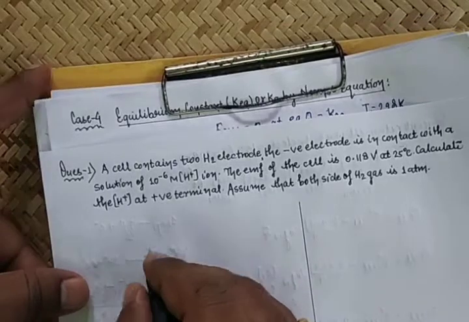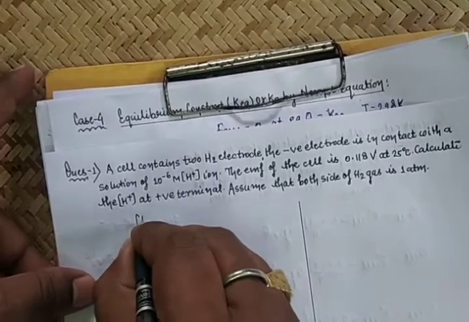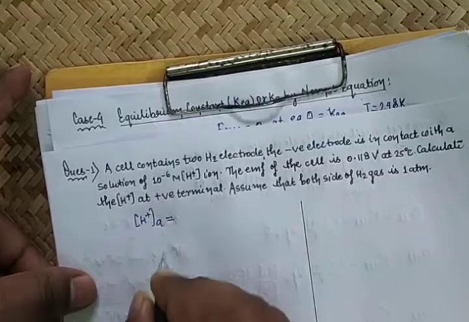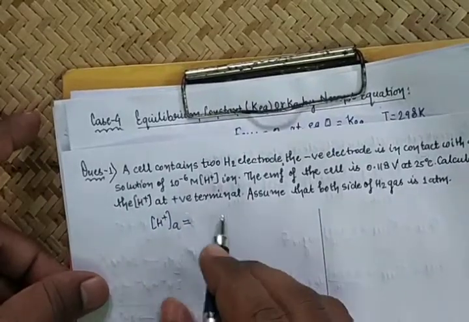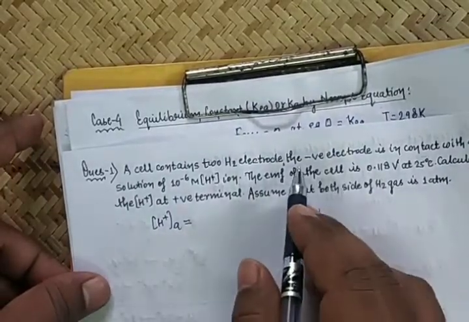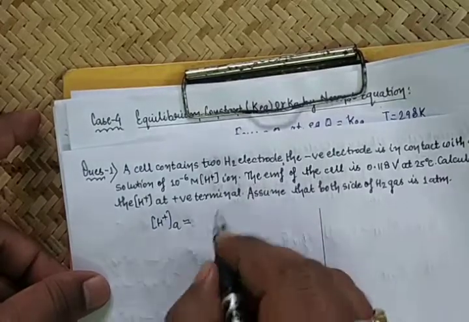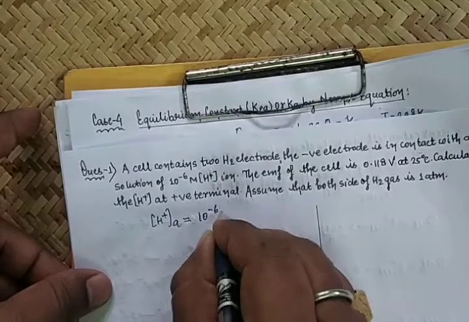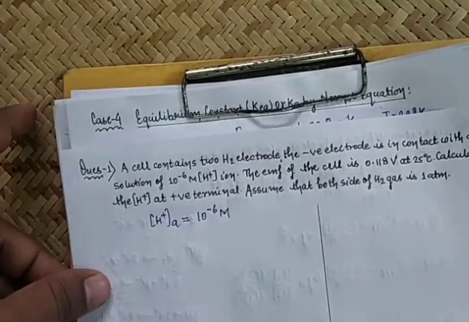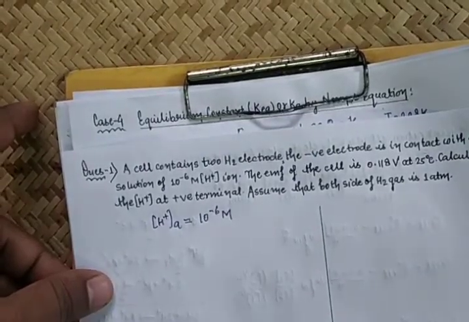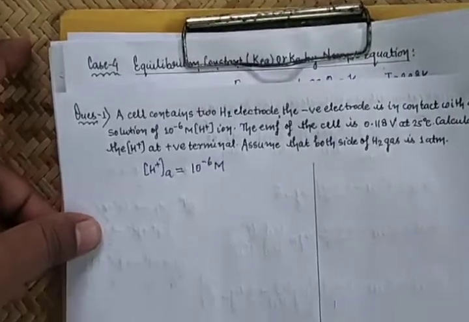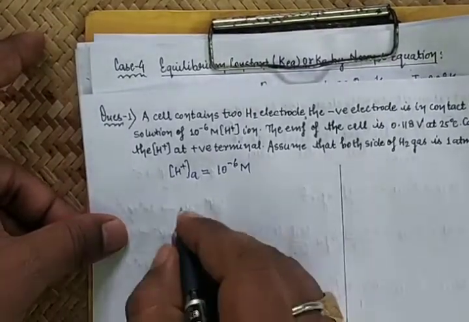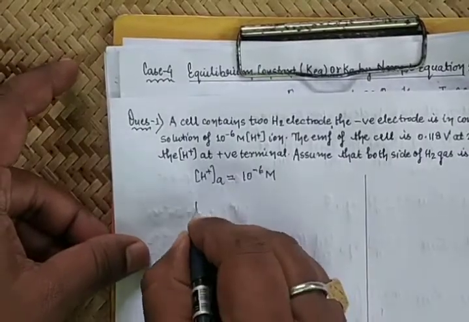So first you consider the H+ at the anode. Look, in this case the negative is the anode. H+ is given as 10 to the power minus 6 M. Yes, 10 to the power minus 6 M. Clear? Now first you convert to pH.